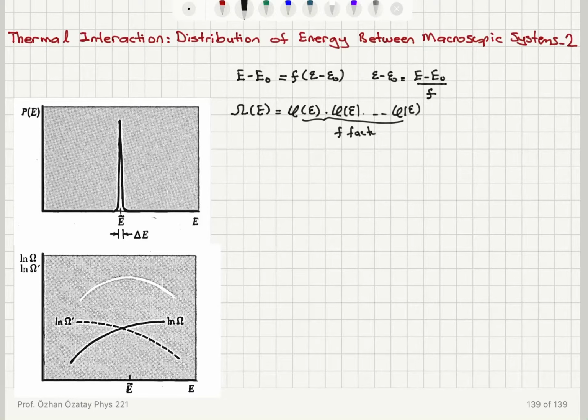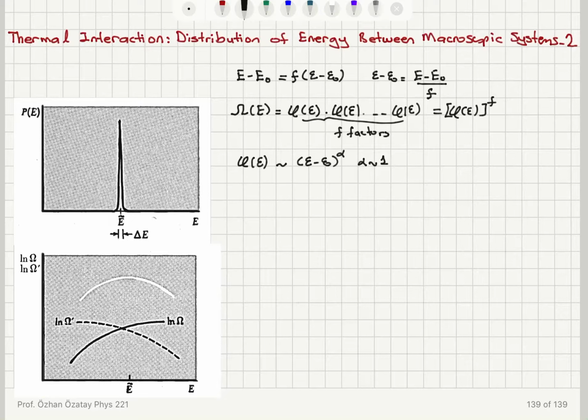So we would have the number of accessible states phi of epsilon to the power f, where the number of different values a quantum number can take for energies less than or equal to epsilon is proportional to epsilon minus epsilon 0 to the power alpha, where alpha is of the order of 1.